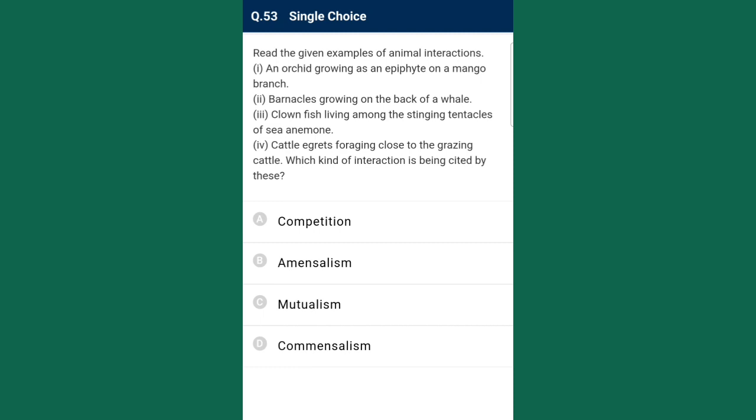Question number 53. Read the given examples of animal interactions. The relationship between two organisms of different species in which one is benefited while the other is neither harmed nor benefited is called commensalism. An epiphyte growing on other plants like mango gets to benefit from the shelter but the host neither derives any apparent benefit.